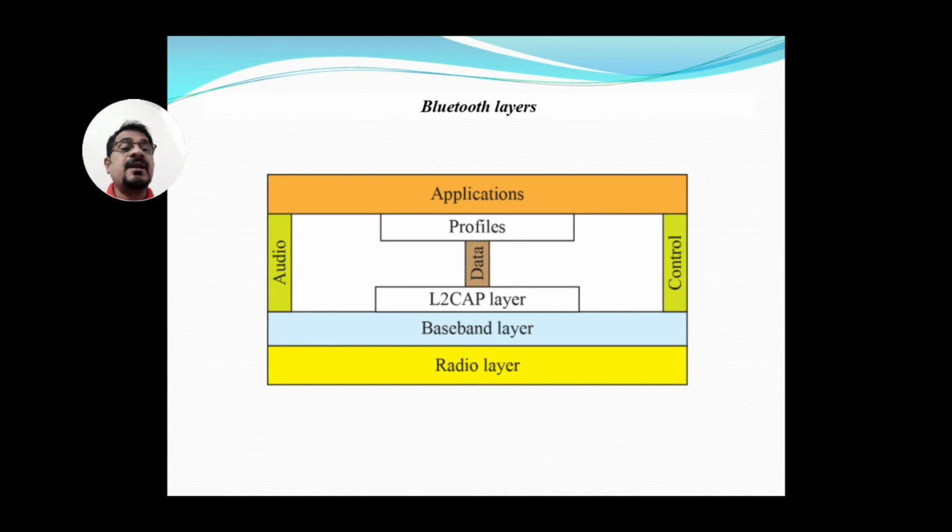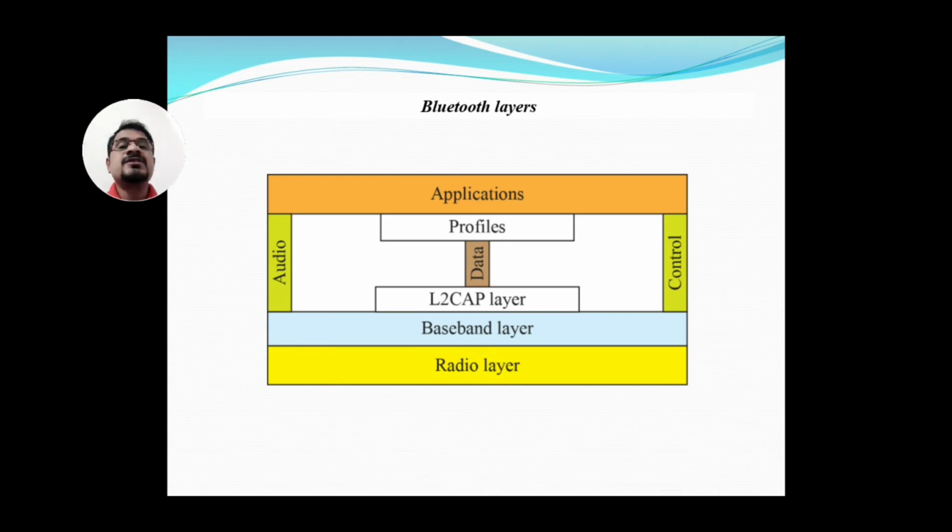The L2CAP layer's main responsibility is to provide the interface for the data of the applications that use the asynchronous connection link, the ACL link, and also to provide multiplexing between the higher layers.